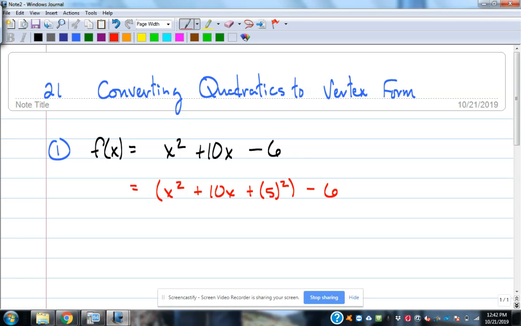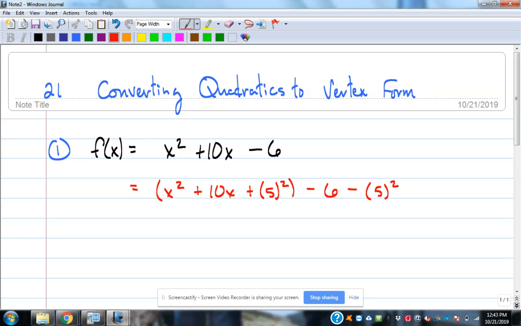If I'm adding 5 squared here, what do I do out here to keep the problem the same? I'm going to have to subtract that amount so that it equals the same thing. Because if I add something to a problem, it changes it. So I've got to subtract it back away. So I'm always going to add inside, subtract on the outside.